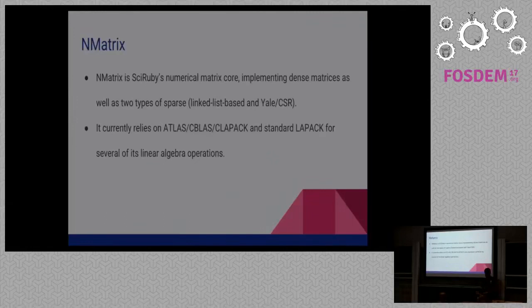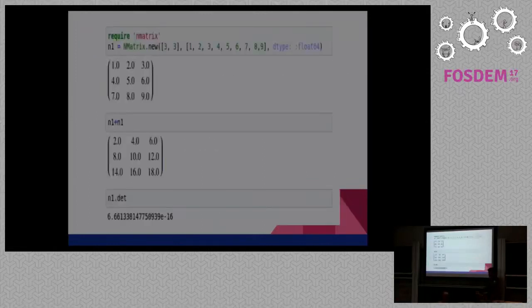And NMatrix for MRI relies on ATLAS, CBLAS, CLAPACK, and standard LAPACK libraries for its linear algebra operations. These libraries are state-of-the-art because they are written in Fortran, are highly efficient, and are used for number crunching.